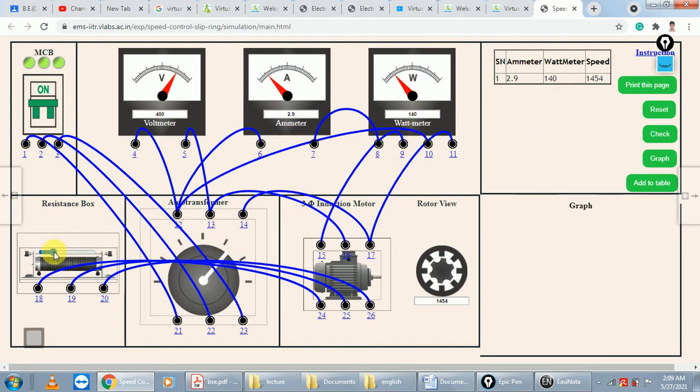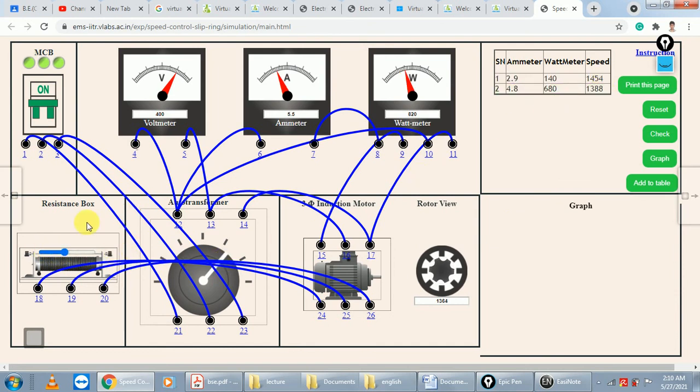Again increase the rotor resistance and click on add to table. So your ammeter current is 4.8 ampere and the wattmeter reading is 680 watt. So again more power is consumed when we increase the rotor resistance, and speed decreases.